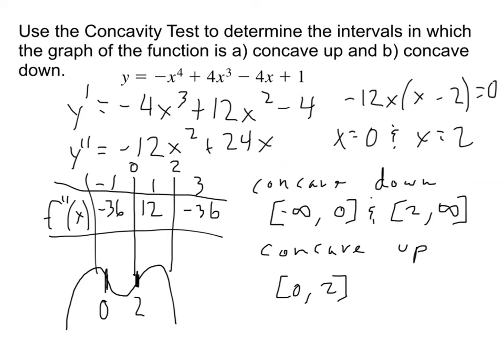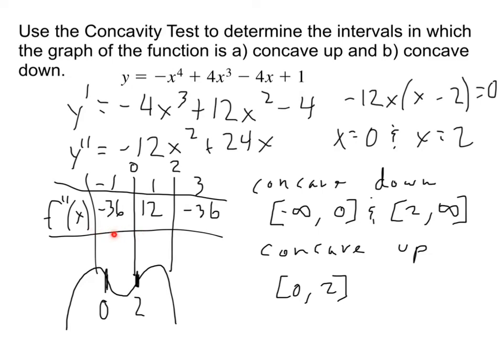Concavity test says when the second derivative is positive, it's concave up. When it's negative, it's concave down, so I need to test the points. I found over here by factoring the second derivative and setting it equal to 0. This is where my second derivative is equal to 0 at 0 and 2, just like on the last one. Then I tested points to the left and to the right.